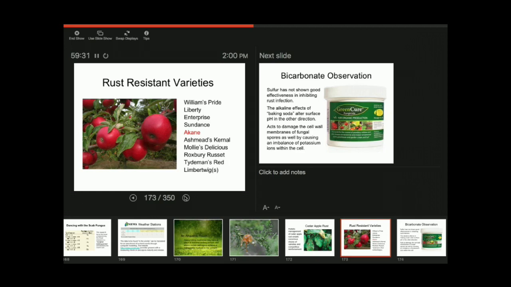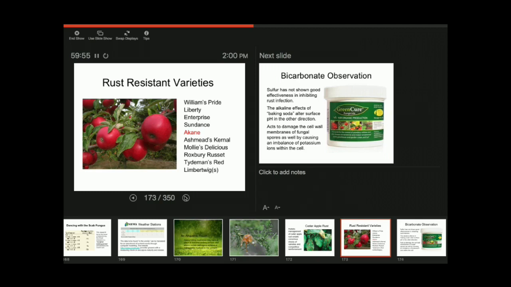And they're using genetics from a tree that's growing on the campus of Purdue that has resistance to scab. And a few of them also have resistance to rust. So there's Williams Pride, PRI. Liberty was developed at Cornell, but it's in the same category. Enterprise, there's that PRI. It has resistance to both of those diseases in the genetics.